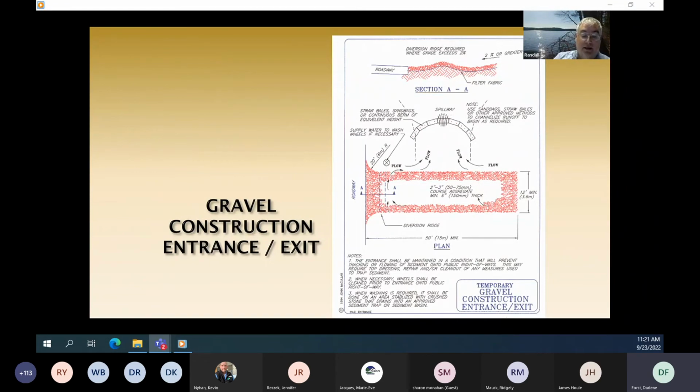This is one from John McCullough, who developed a program called Erosion Draw, which I think is still around. These are typical details, and I was looking at the Connecticut Stormwater Manual recently, and these drawings popped up with the same graphics, different measures. I'm sure there's a lot of people over the years who have used these and taken them. So they're fairly simple gravel construction entrances.